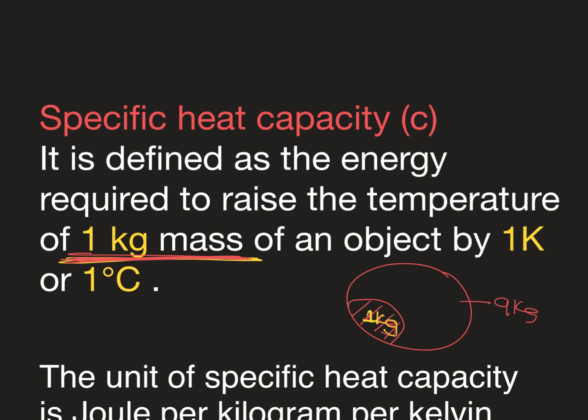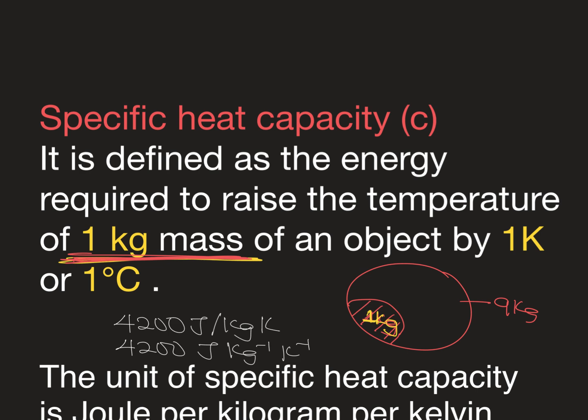The specific heat capacity of water is approximately 4,200 joules per kilogram per Kelvin, okay? Which you can also write as 4,200 J kg to the negative 1 K to the negative 1.